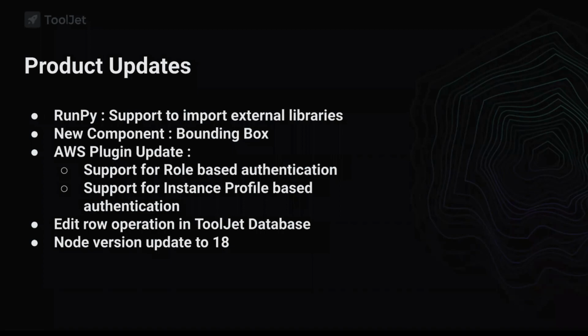Next is plugin update. So we have many AWS plugins like S3, Athena, a few DynamoDB, and a couple more which are in development. In this plugin, we have added two more types of authentication. So right now we authenticate the resource based on access key and secret key, but we believe that's not a very secure way to handle authentication because once we use access key and secret key, it sort of exposes the whole system to the user, right?